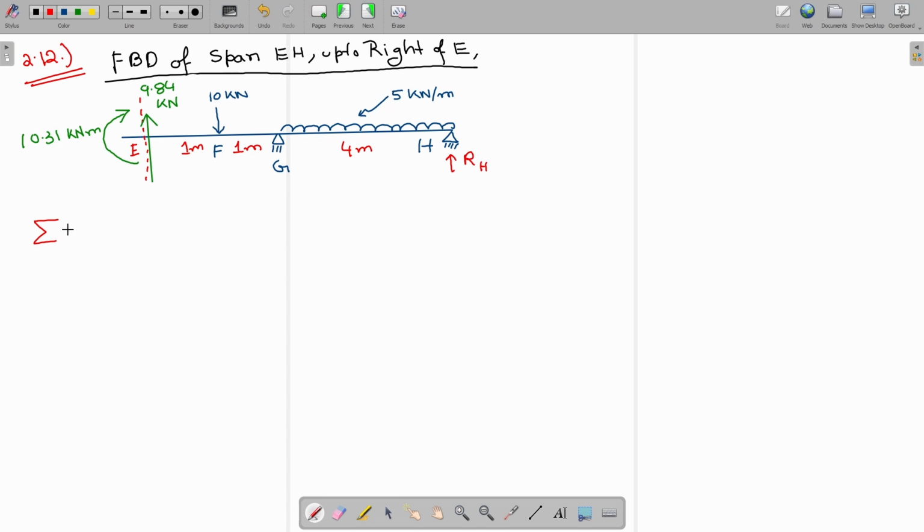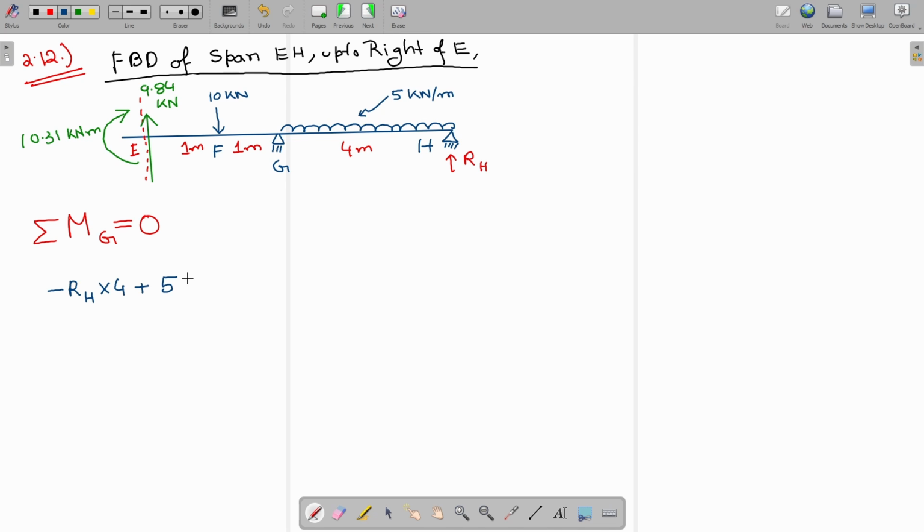So we can write like this. Summation of moment about G is equal to 0. Okay. We are going to consider RH. RH is at a distance of 4 meter from G, so into 4. Okay. This is minus. Plus 5 kilonewton per meter.